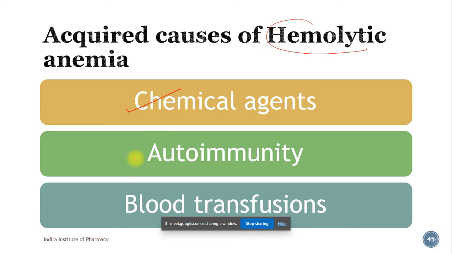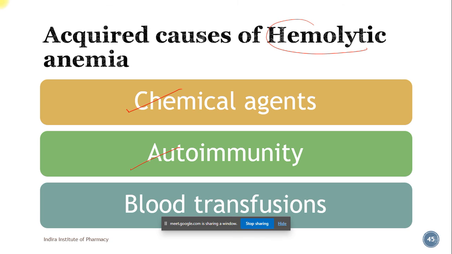The next is autoimmunity. Autoimmunity means that usually our immune cells, like T lymphocytes and B lymphocytes, are able to differentiate our own cells from other types of cells.